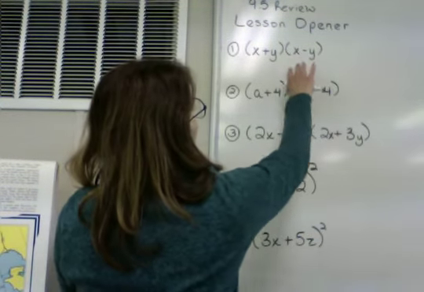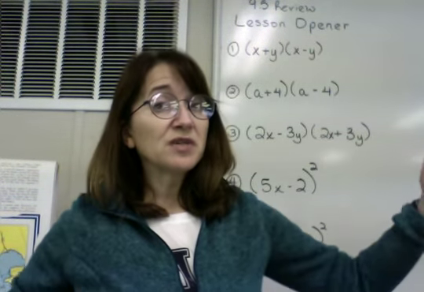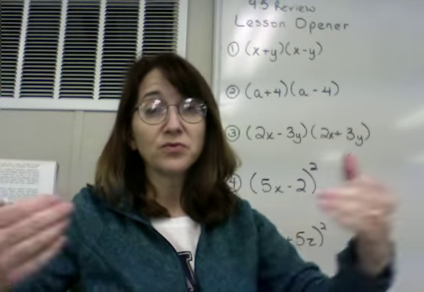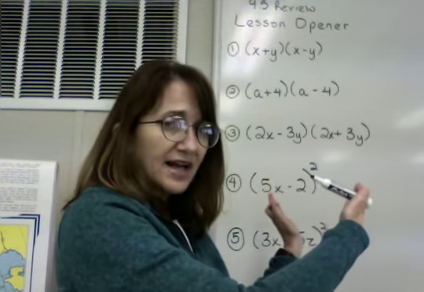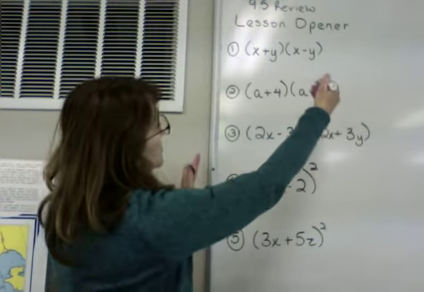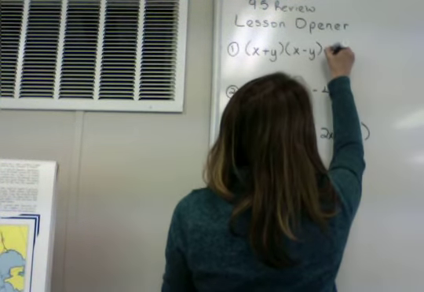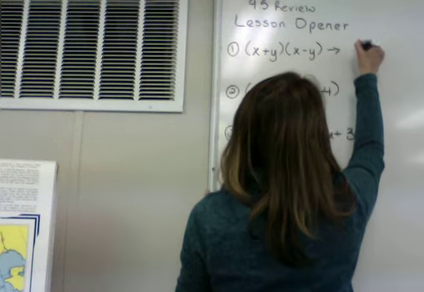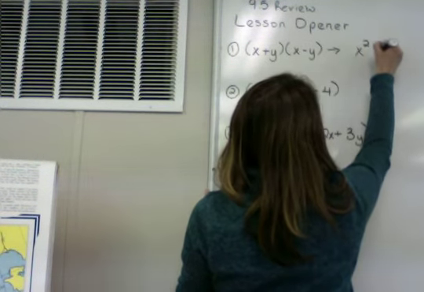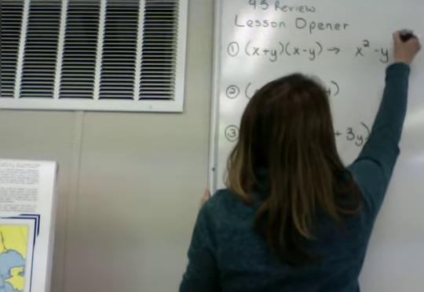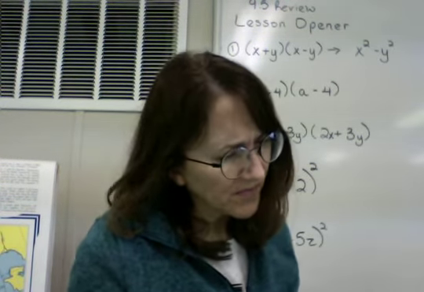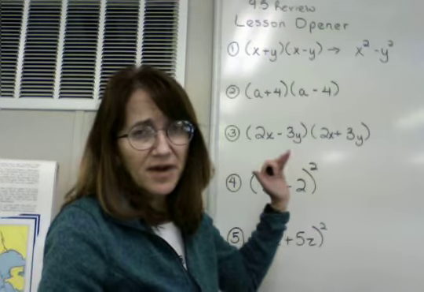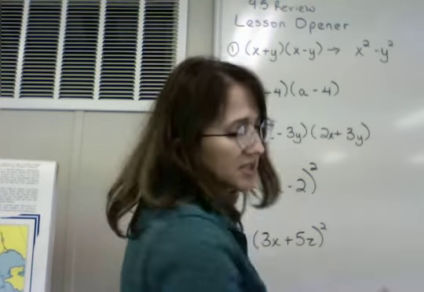When we multiply two binomials, it should become a trinomial, but a special pattern with multiplying the difference of squares is that it automatically becomes 2x squared and a negative square. Same thing down here.